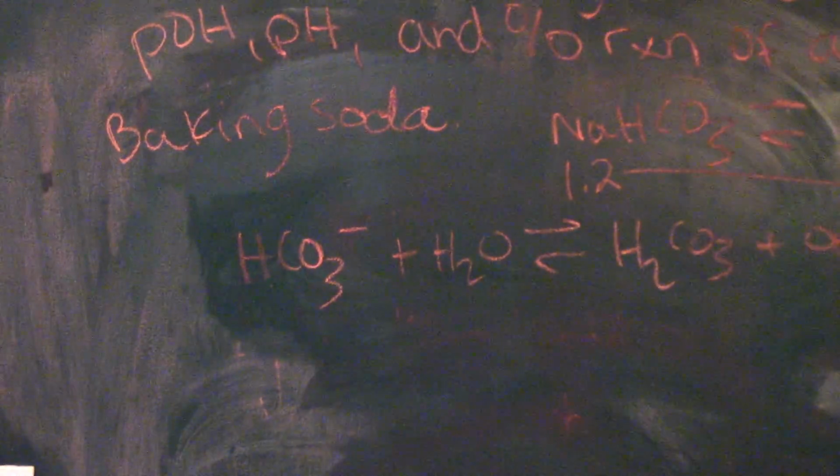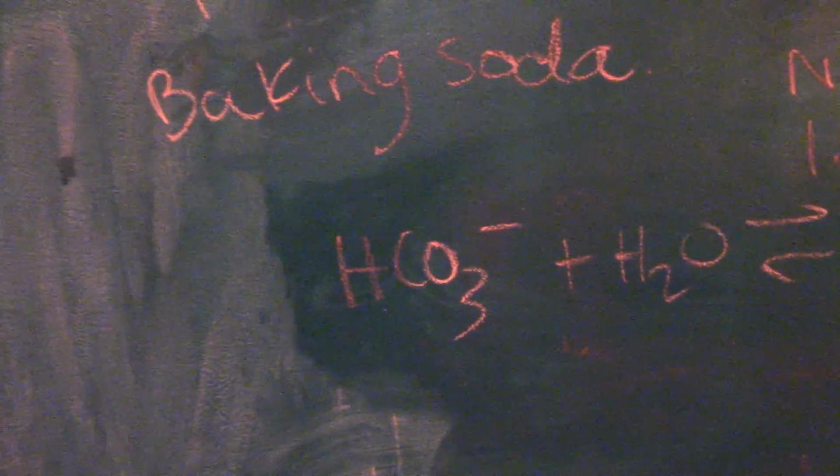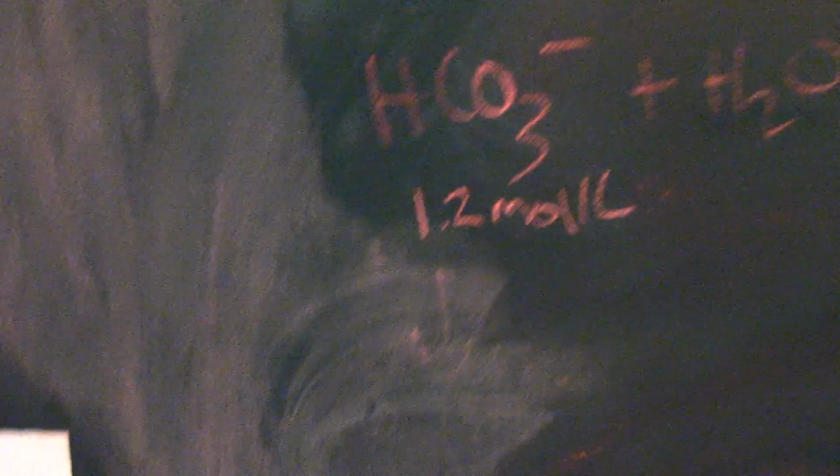Okay, so I take the hydrogen carbonate ion from the dissociation of the sodium hydrogen carbonate, or the baking soda. And this is 1.2 moles per liter. Right, so that's ICE. Don't worry about that. That's 0, and that's 0.